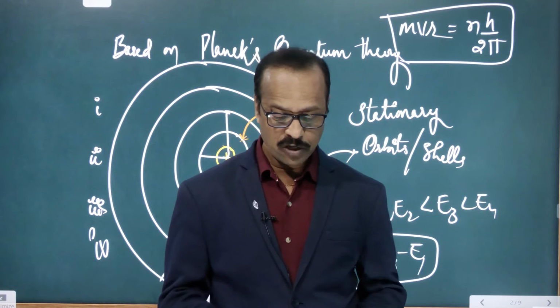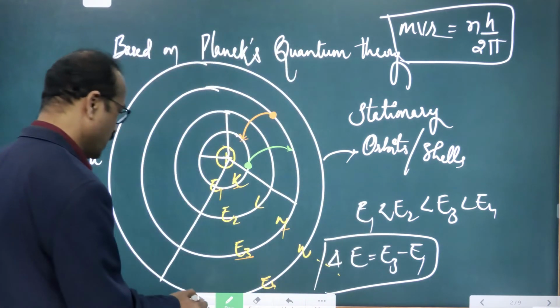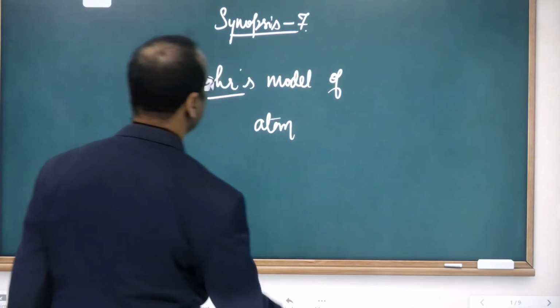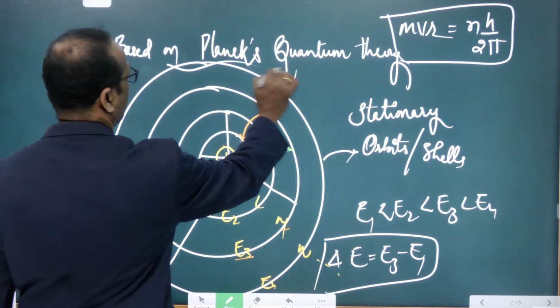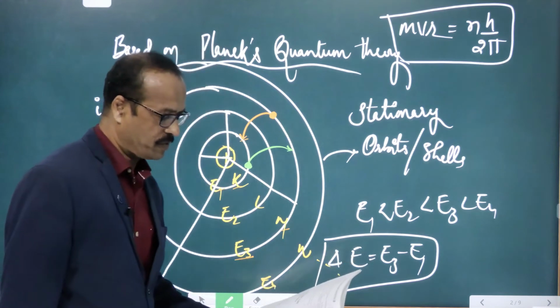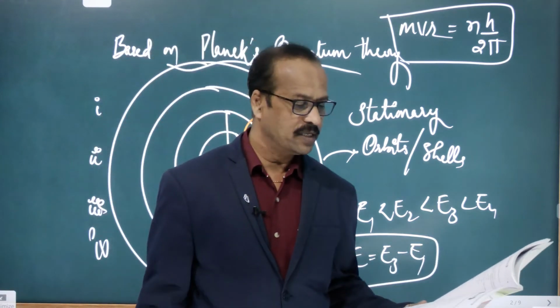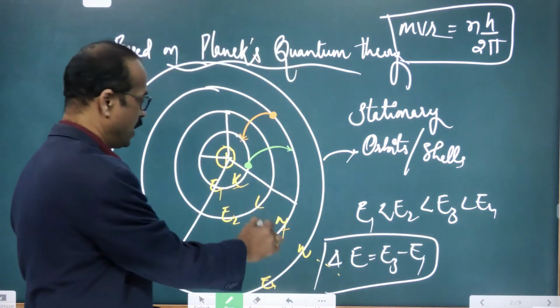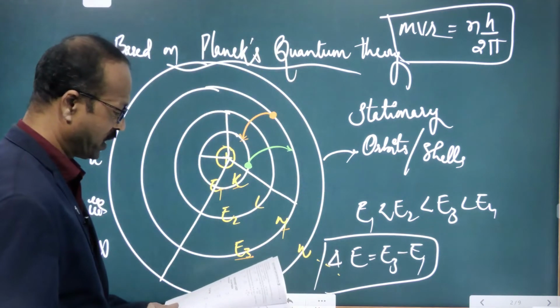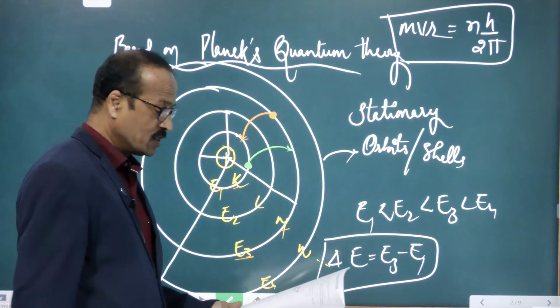The basis of Bohr's atomic model is Planck's quantum theory. Just now I told you that Bohr's quantum theory was based on Planck's quantum theory of radiation. First, circular orbits: electrons revolve around the nucleus in concentric circles like K, L, M, N, O, P, or 1, 2, 3, 4, and so on. Next is the stationary orbit, the second point.